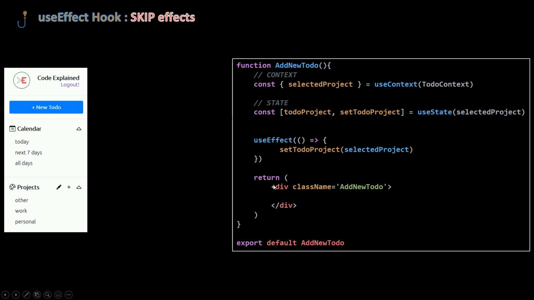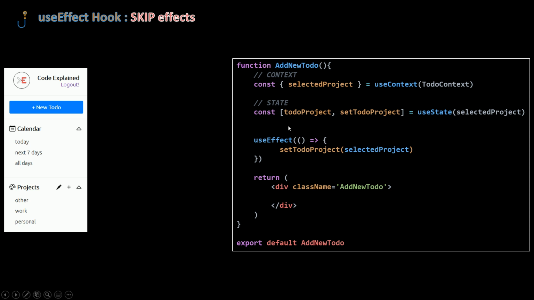After the render finishes, my useEffect will call this again: set to-do project to selected project, which is personal. The to-do project was personal and now it's going to be changed to personal, which means the state didn't change, which means this will not cause a re-render. So now we're not getting those too many re-renders or the infinite loop.